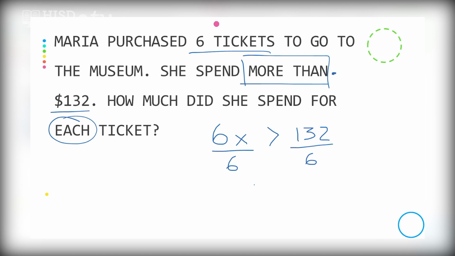So that means that once I divide, 6 divided by 6 is going to be 1. So x has to be greater than 22. So that means that Maria spent more than $22 for each ticket.